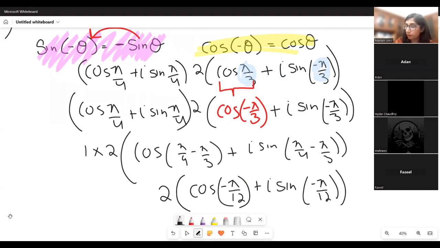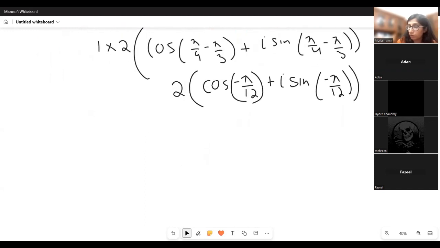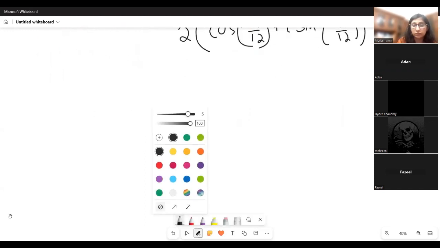Now please note down the homework questions. This was part G. So you have to do H and I on your own.